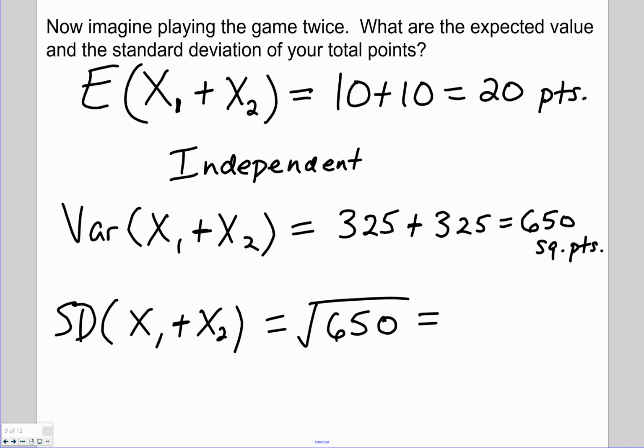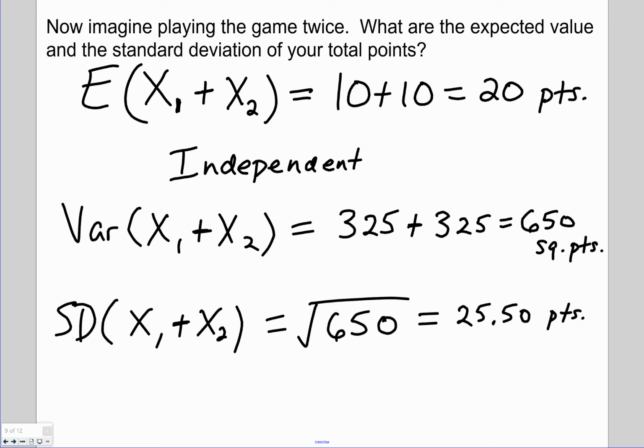What is the square root of 650? $25.50 it is. Thank you. And the units? Points.